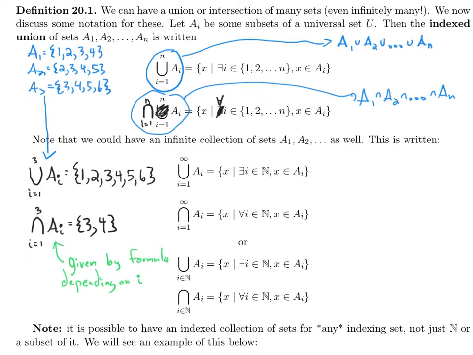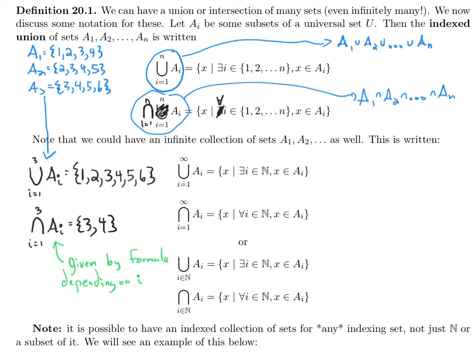And again, we're not going to touch on this too much, but the indexing set doesn't even have to be a counting set. It doesn't have to be the natural numbers. You could have an indexing set be, say, the real numbers or whatever. So just know that this kind of idea holds for any indexing set, not just the natural numbers or subsets of it, which is pretty cool.